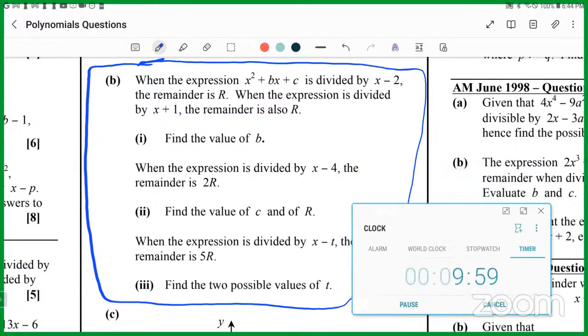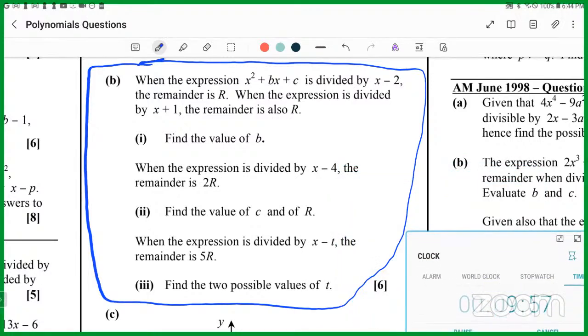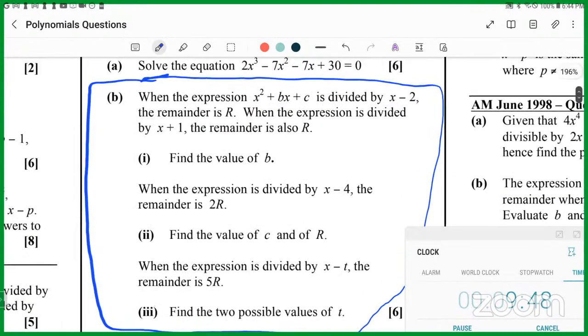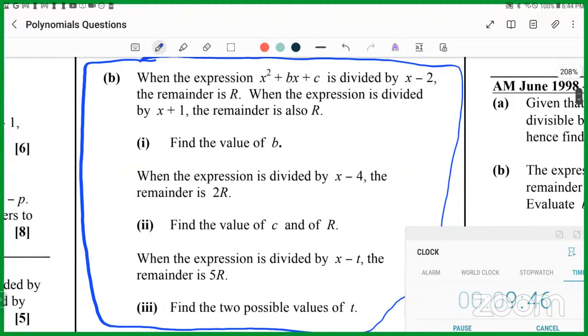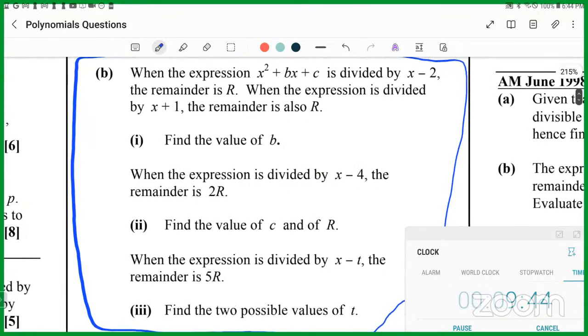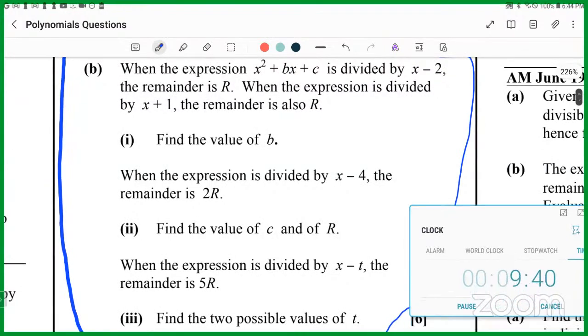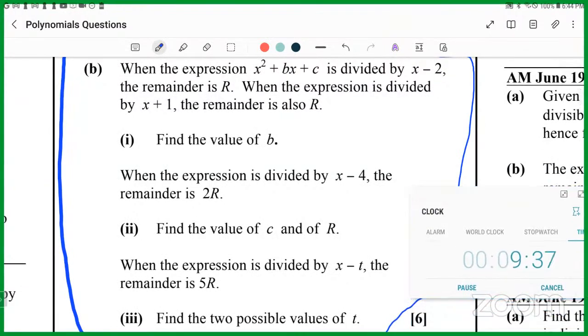Can you see this? Come closer. There you go. Ten minutes.